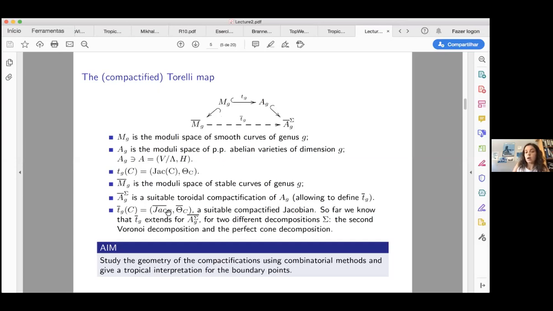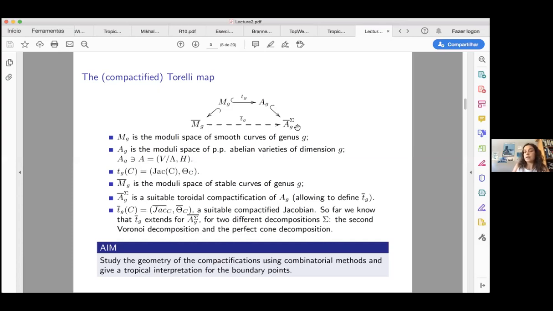There is a very developed theory of compactifications of Jacobians. There's a whole variety of possibilities that we can choose. And there is a choice one can make such that the compactification of the Jacobian that we take sits inside certain compactifications of the moduli space of abelian varieties.